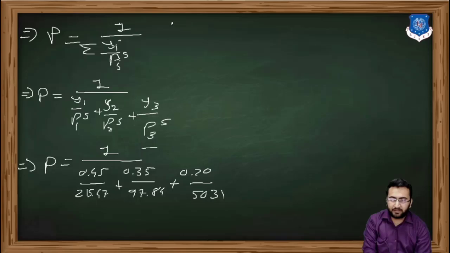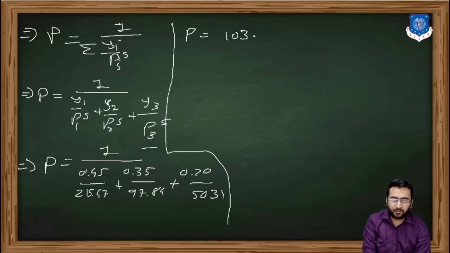By calculating this sum, we get P equal to 103.67 kilopascal.